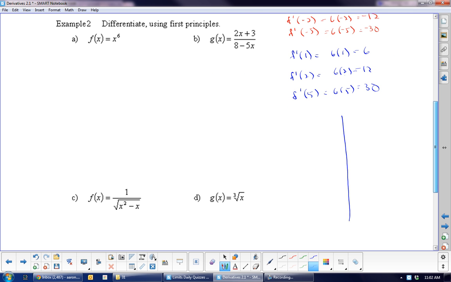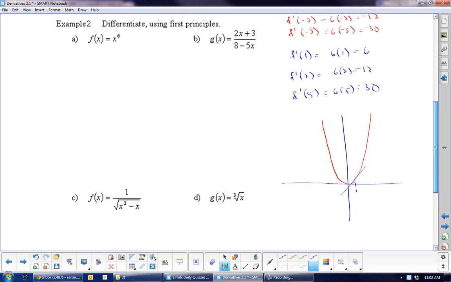So let's just draw this again. If this is my graph, what this is saying is the slope formula for this graph is 6x. At 1, say at 1, this would be my slope. It would be 6.